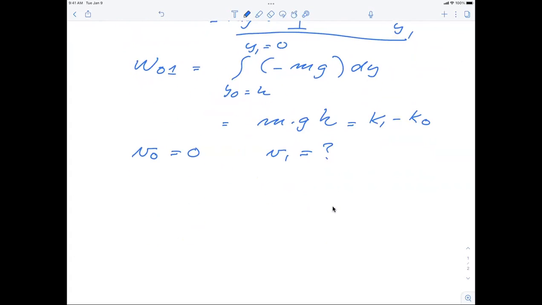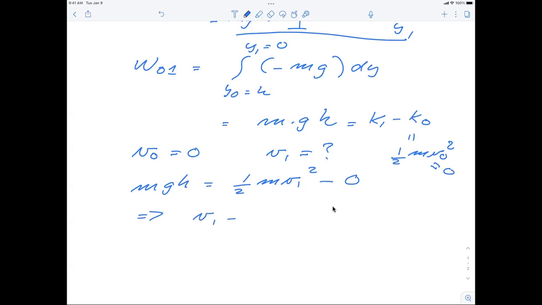So when we use the work energy theorem, and we have the relation between potential energy and kinetic energy, this will be 1/2 of m times v1 squared, and then minus 0, since the kinetic energy in this specific case, which is 1/2 m times v0 squared, is obviously equal to 0. So from that one, we can then evaluate the velocity at the point y1, and this gives us simply plus or minus the square root of 2 times g times h.